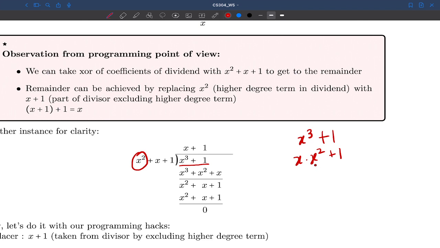Now I want to replace this x square with something. And what will that be? Just remove the highest degree term from the divisor. What did I get? I got x plus 1. So x plus 1 can replace x square. So let's replace x square with x plus 1.